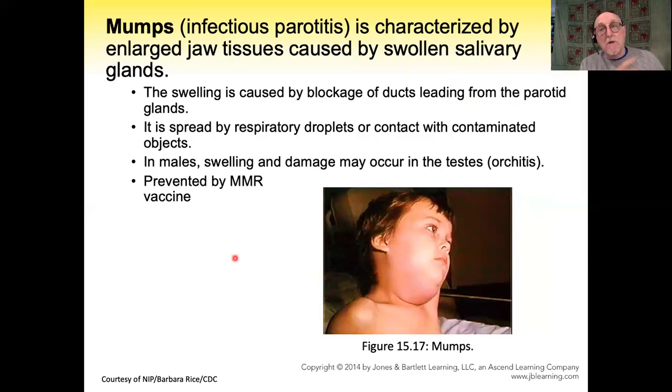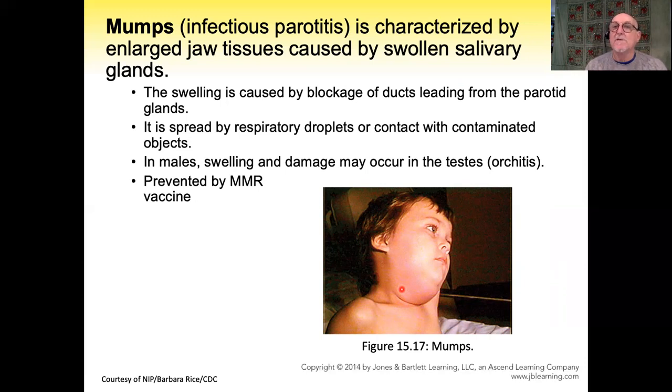Here's the next disease that's included in that vaccine. This is mumps. It's called infectious parotitis, because it infects these parotid glands here in the neck, which are your salivary glands, part of your salivary complex.